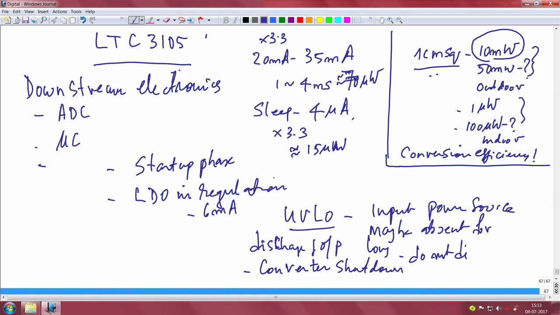The claim by many manufacturers is that you should get even 50 milliwatt. It may often be true that you get this output, but for all your calculation purposes, for dimensioning of the solar panel and so on, you can take this as roughly what would be suitable for outdoor applications.